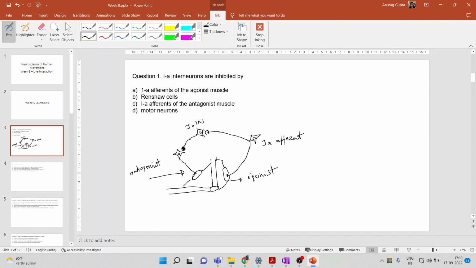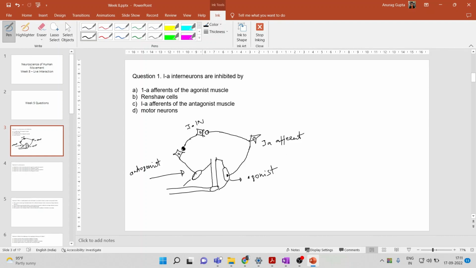If there's a stretch in this muscle, the 1A afferents fire. This stretch could be because of contraction of the antagonist. So when this contracts, it leads to the stretching of this, and then these signals are generated, and the 1A afferents excite the 1A interneuron.